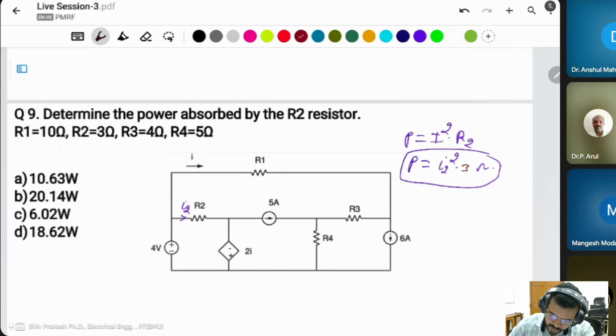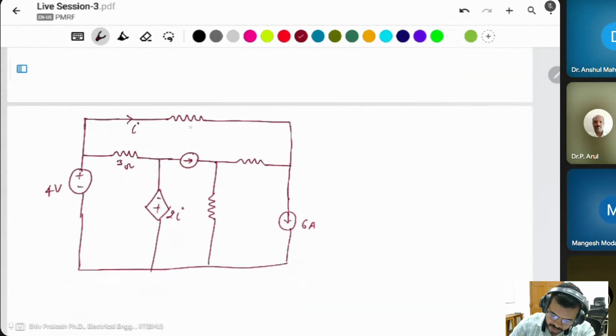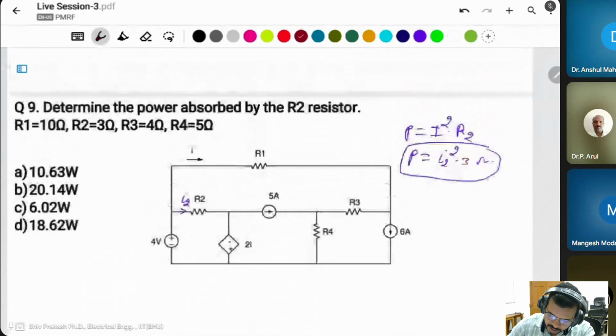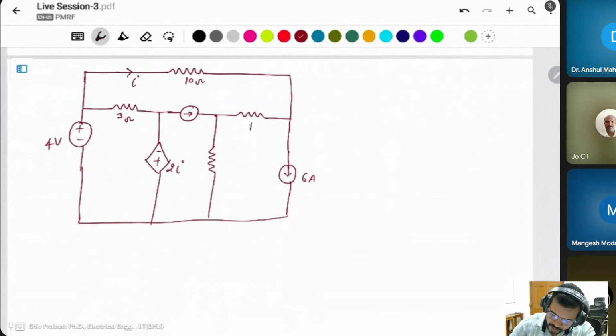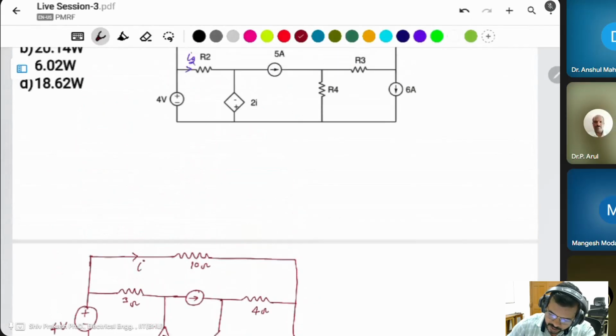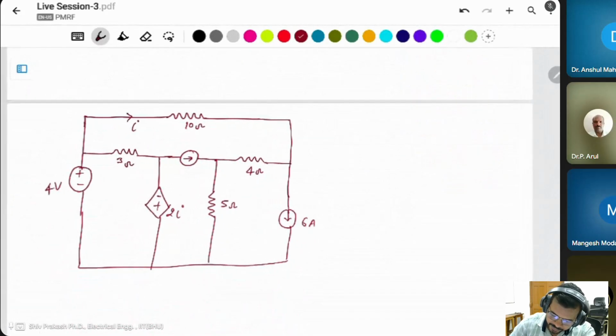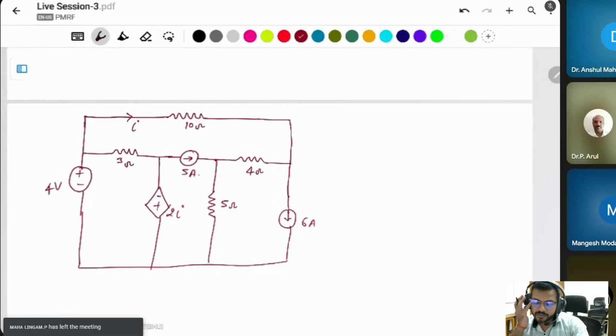R1 is 10 ohm, R2 is 3 ohm, R3 is 4 ohm, R4 is 5 ohm. This current source is 5 ampere.